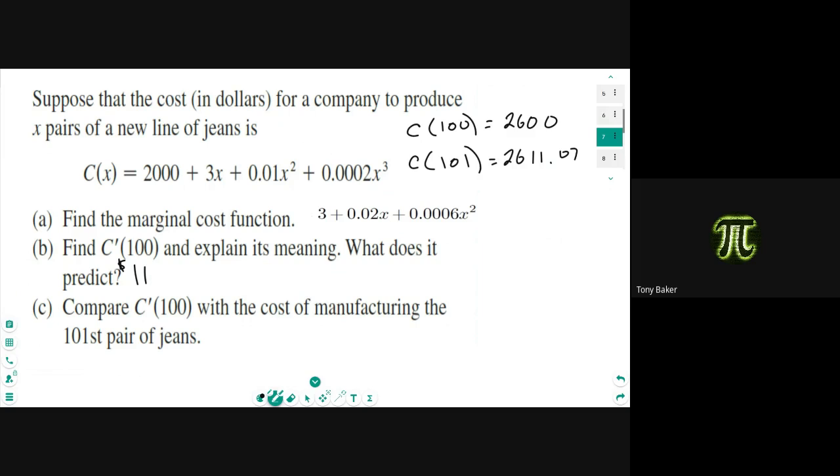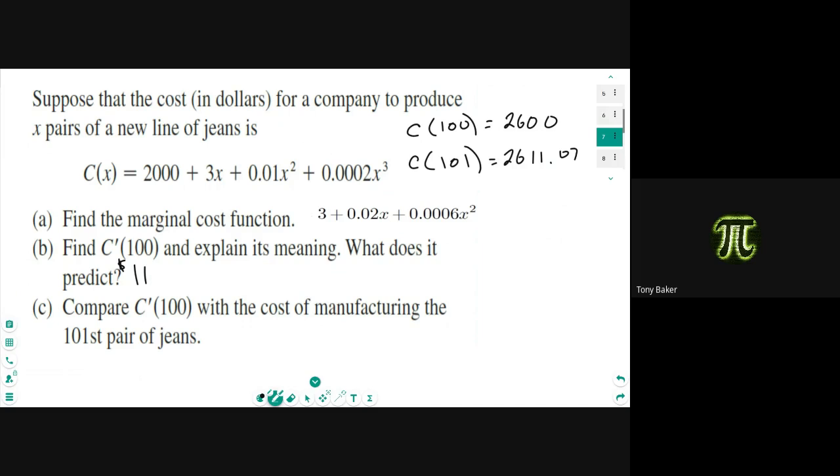Is the difference between the actual cost and the $11 because of the curve? Remember that when we just did that, we in essence did the slope, looking from point 100 and point 101. So there's a curve in there.